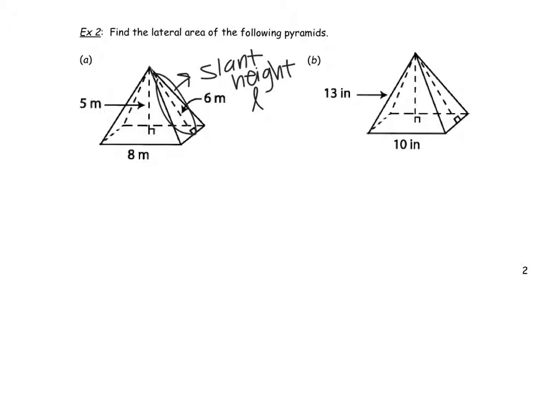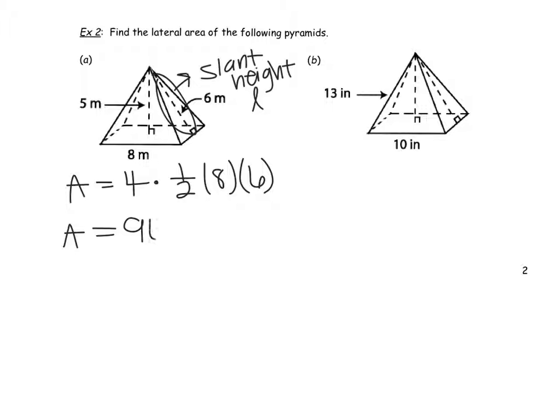So in this case, our base is a square, so we have 4 faces whose area is 1/2 times our base, which is 8, and then our slant height, which ends up being 6. So we do 4 times 1/2 times 8 times 6. So we get that the area is 96 meters squared.